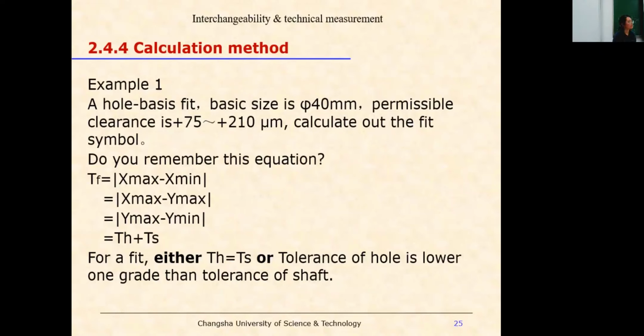27. When the IT is low, there's a 67.5. Choose the table. You don't understand? No, I understand. Okay.